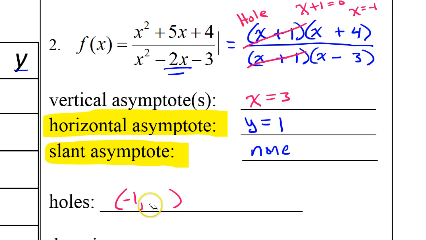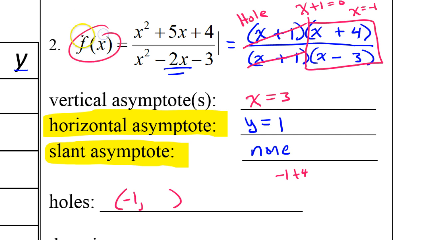Okay, so to find the y value, what you can do is take the part of your function that did not get canceled out, and you can substitute -1 for the x's. So if I put -1 here and here, then I've got -1 plus 4, because remember, the whole function equals this. Y equals all of this.